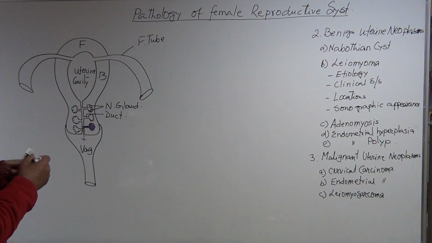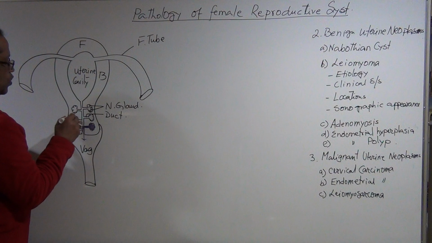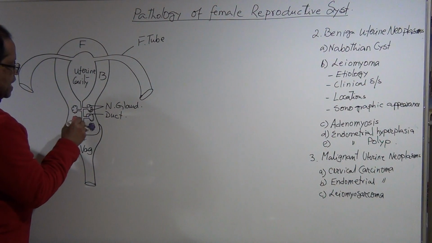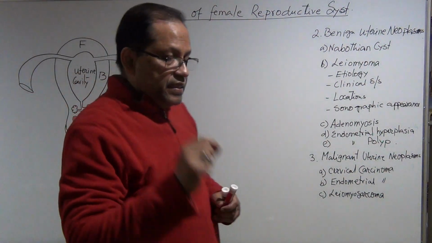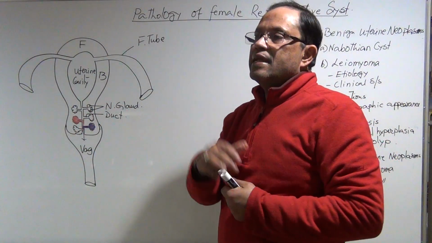Okay, so now if I draw more, you will understand that this lubricating fluid is a liquid, and it gives the anechoic appearance sonographically. This Nabothian gland is smaller in size.